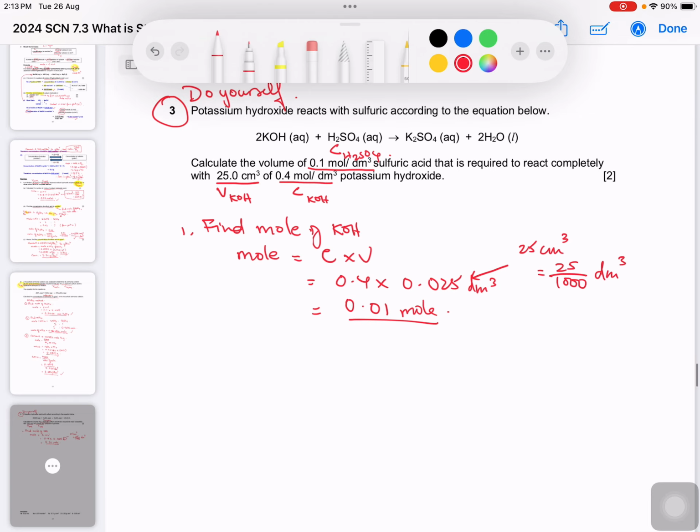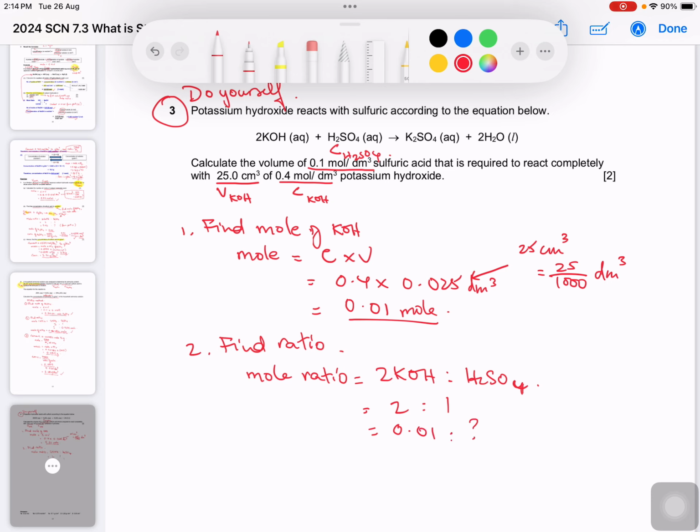Part 2, find ratio. So, mole ratio is equals to 2 KOH is to H2SO4. Is equals to 2 is to 1, which is equals to 0.01 is to what then?